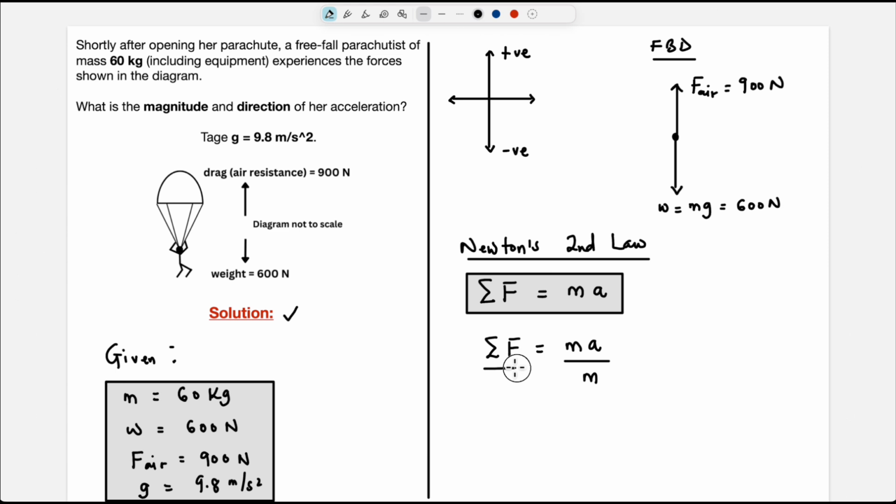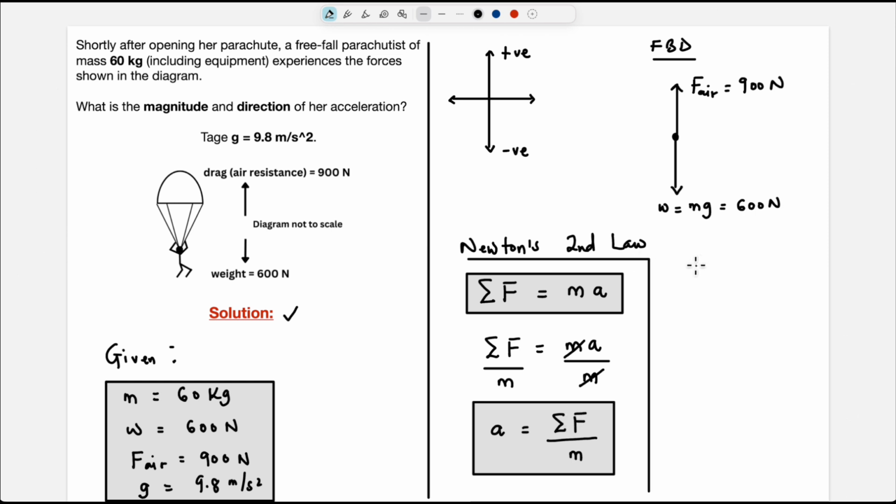Now we can see that the mass cancels out, and then we have the acceleration equal to the net force acting on this parachutist divided by the mass of the parachutist.